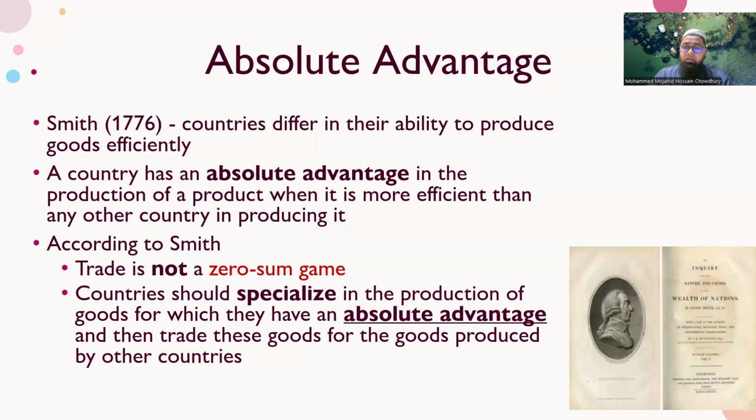On the other hand, the USA has an absolute advantage in producing electric vehicles, so the USA should focus on it and increase their export of electric vehicles, and this is how the countries could get the benefit. So this is the concept of absolute advantage.